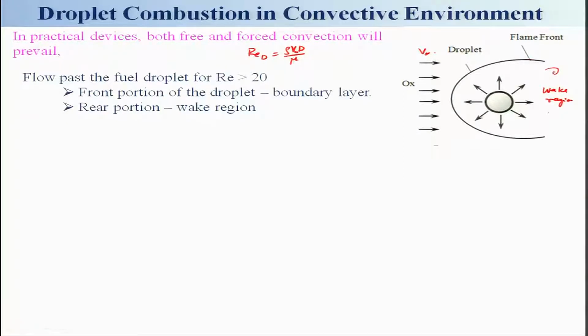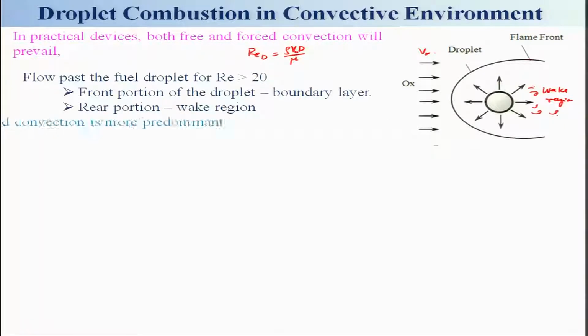Some vortices will be formed, particularly downstream of the droplet. We will not be considering this wake region, because it is inherently 3-dimensional in nature, so that will be a little difficult.